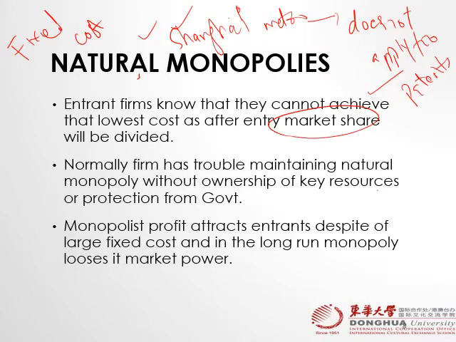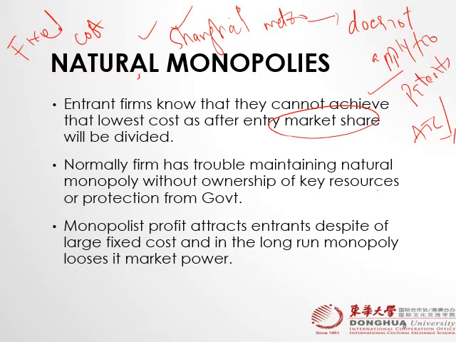So if Nestle produces more and its average total cost starts decreasing, Nestle is basically trying to increase the market share by producing more. When market share is increased, it means you are acquiring other firms or pushing other firms out of that business, and you become a monopoly.